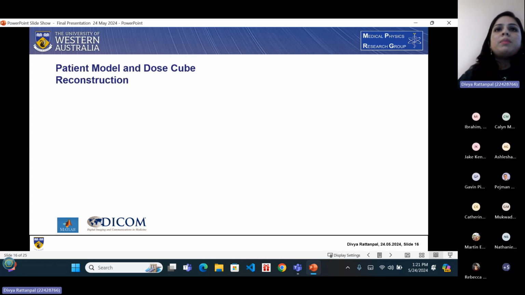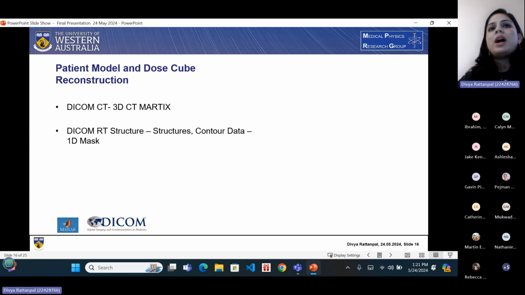The next step is the patient model structure and dose cube reconstruction. Various DICOM attributes and 2 MATLAB inbuilt functions, DICOM read and DICOM info, have been used to do this step. From the DICOM CT, a 3D CT matrix is obtained.